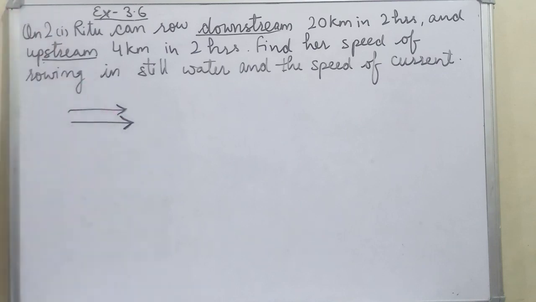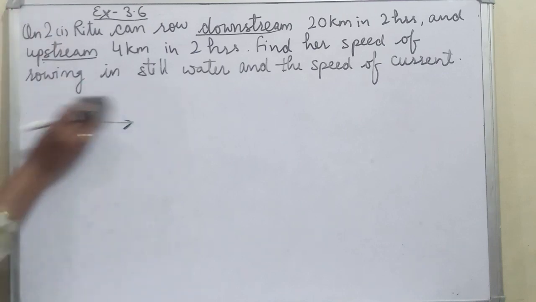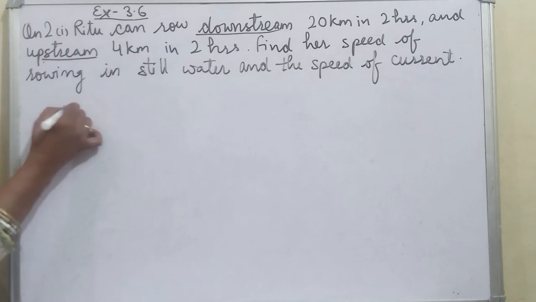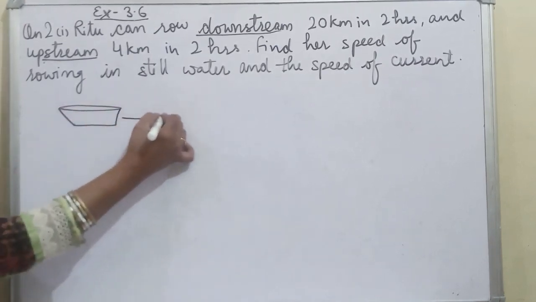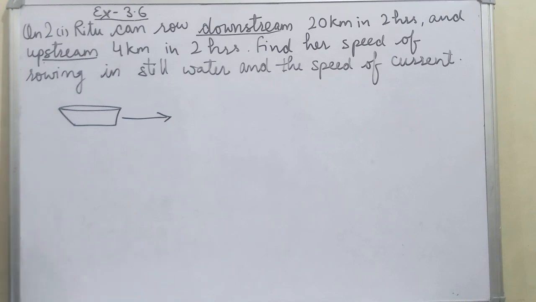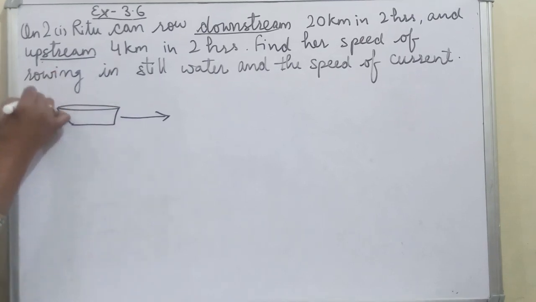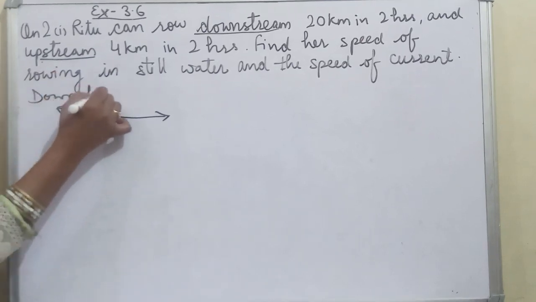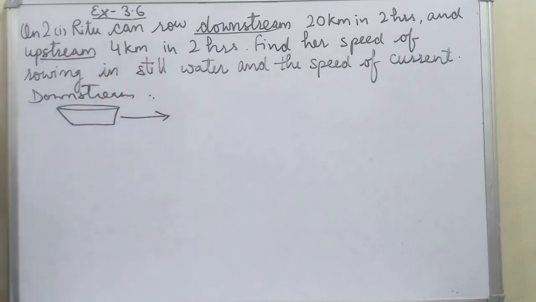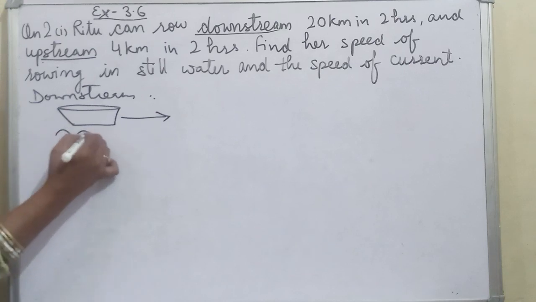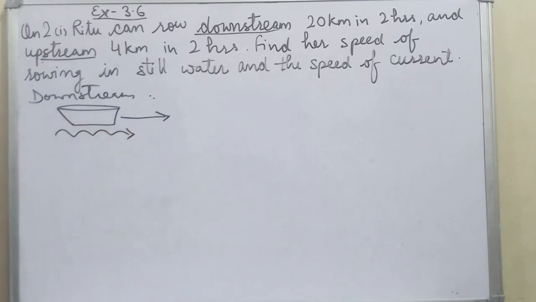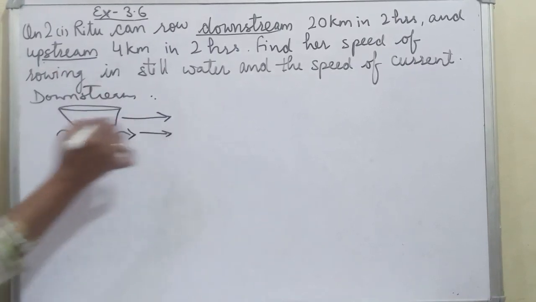So here also in this question, downstream means the boat is moving, let's say, in this direction. If we say the boat is rowing downstream, it means the direction of the boat and the direction of water are the same.